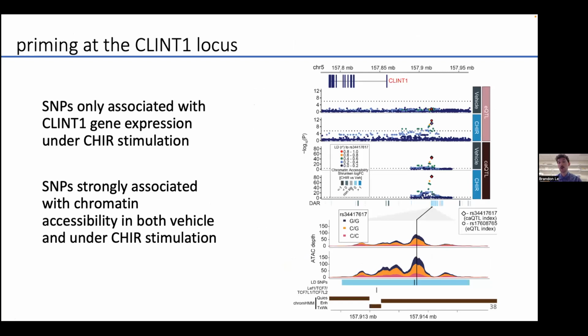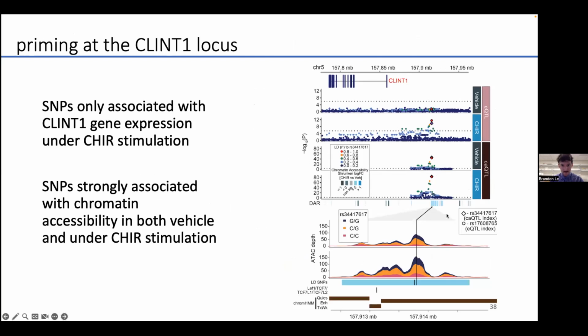I'm just going to show you one example here at the CLINT1 locus. Kind of what I was just describing, you can see in these LocusZoom plots, where again each dot is a variant associated with either chromatin or gene expression, and the significance is on the y-axis.